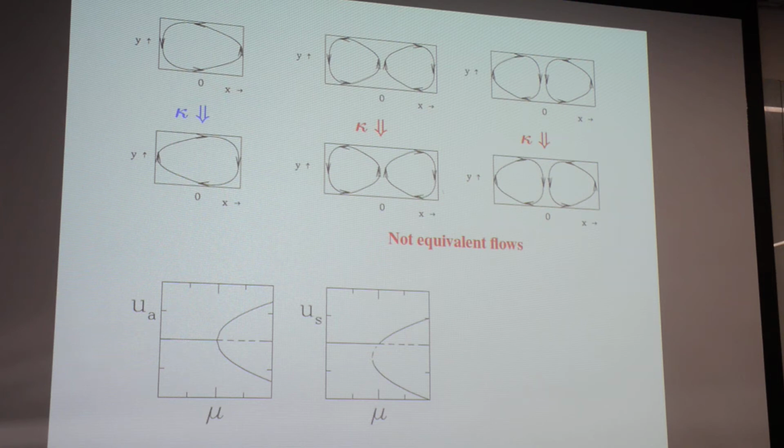Hence, again, these are very powerful ideas. Without doing any calculations, without knowing anything about fluid mechanics, just knowing that this is a symmetric situation, you're going to know that this flow arose from a pitchfork bifurcation, because there are two of them that are equivalent with just the same properties.